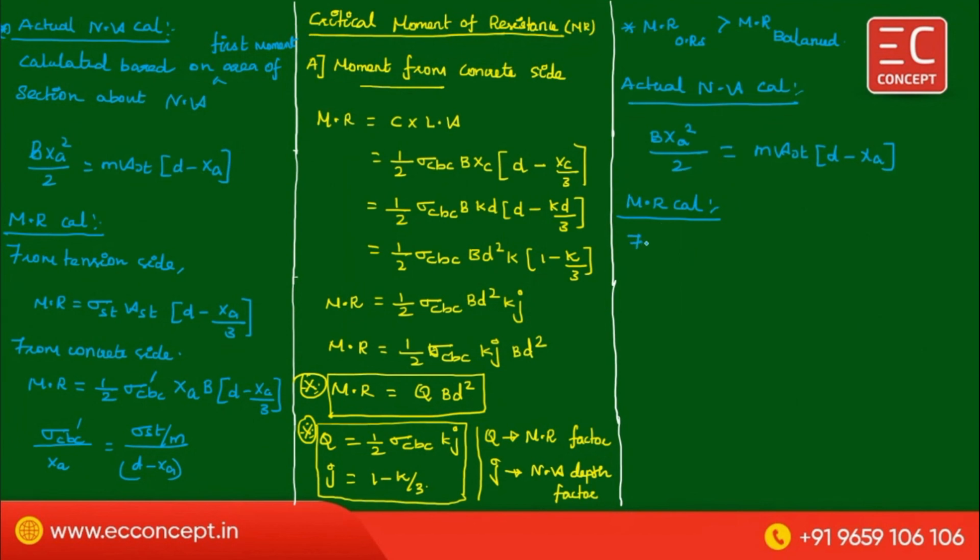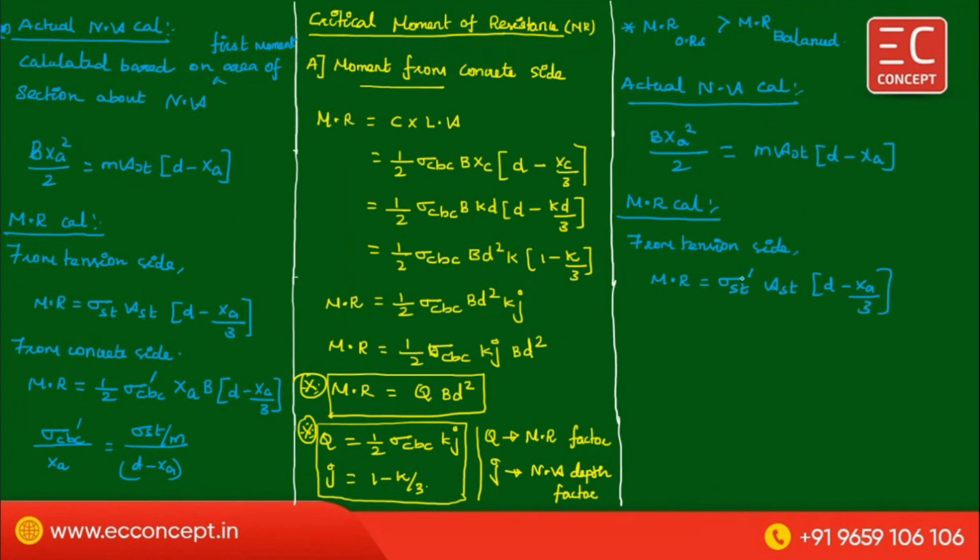Next is moment of resistance calculation from the tension side. From the tension side, moment of resistance is equal to sigma st dash into ast into d minus xa divided by 3.